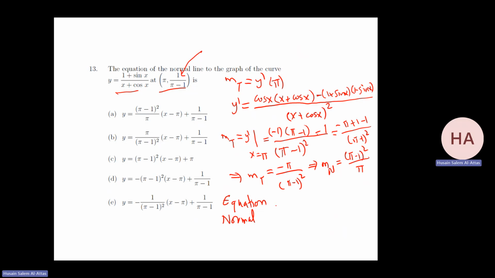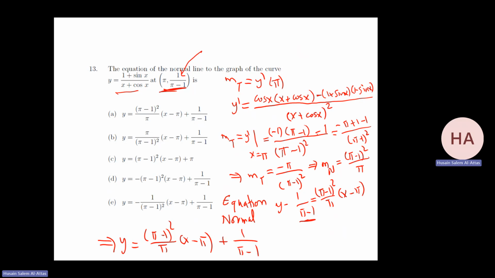I have y minus this equal the slope, which is (pi minus 1) squared over pi, times x minus pi, using this point. So y will be (pi minus 1) squared over pi times (x minus pi), and I took this to the other side, plus 1 over pi minus 1. So that will be my answer.